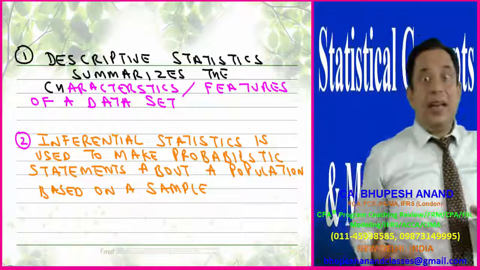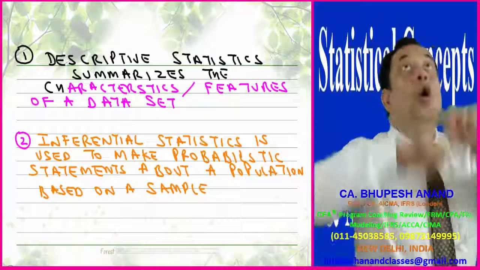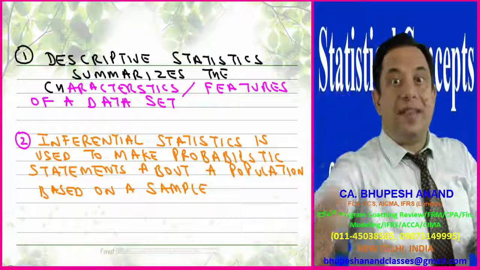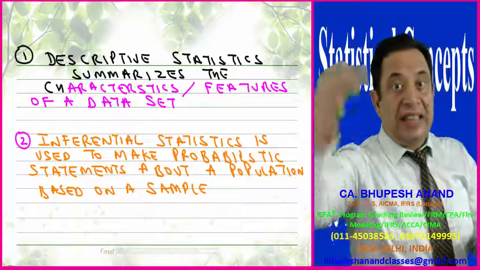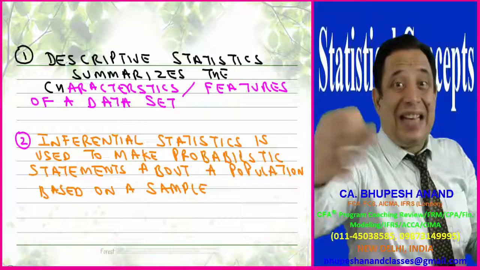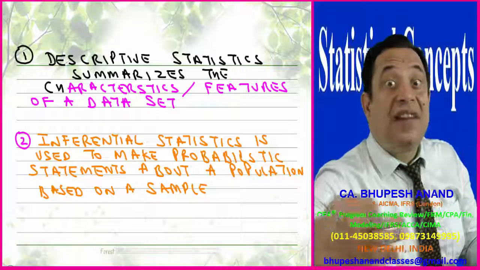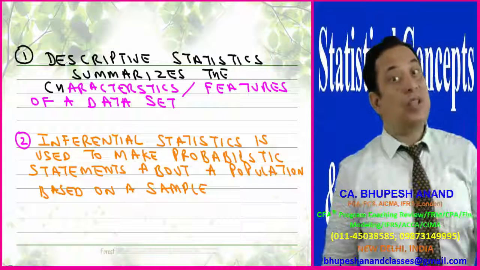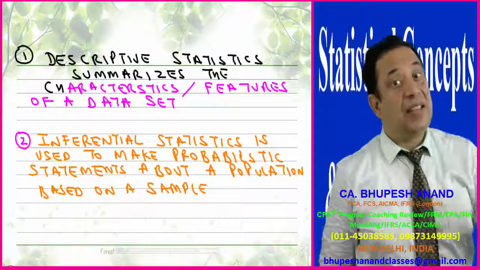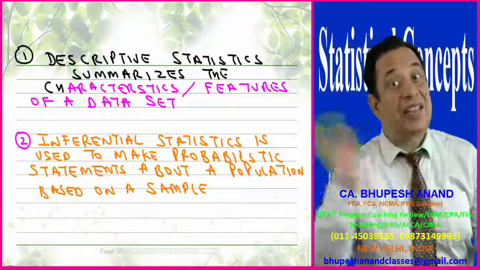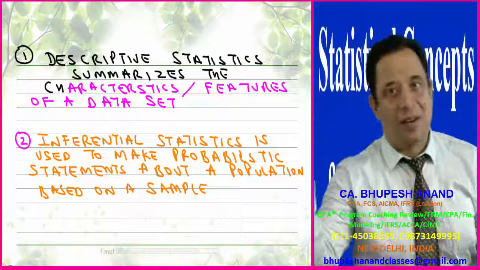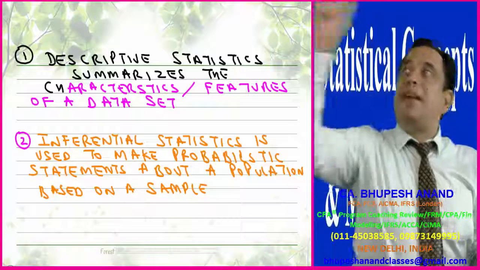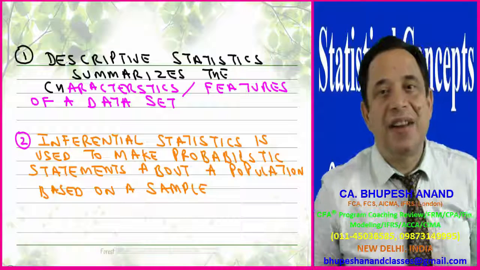No doubt that is for 20 students, but I can say all over the world, on average 60 to 70% of all CFA level 1 candidates give 2 hours a day as self-study. This is inferential statistics, because I am using probability and the result of the data in stating something about the population. So if sample information is being used for stating the population, it is named inferential statistics.